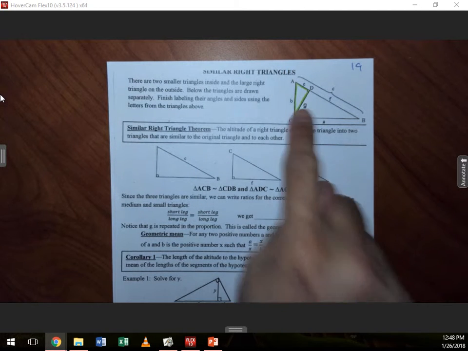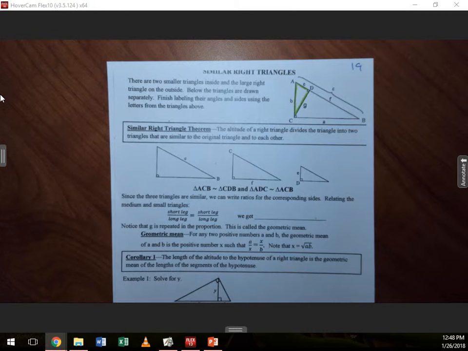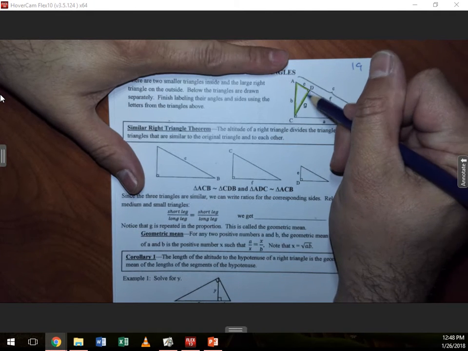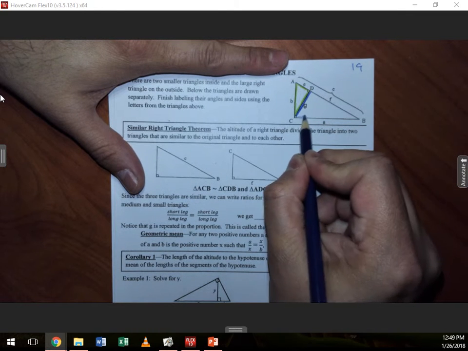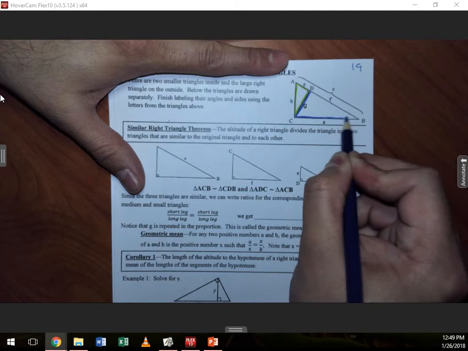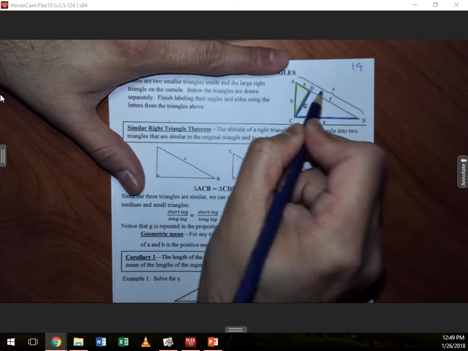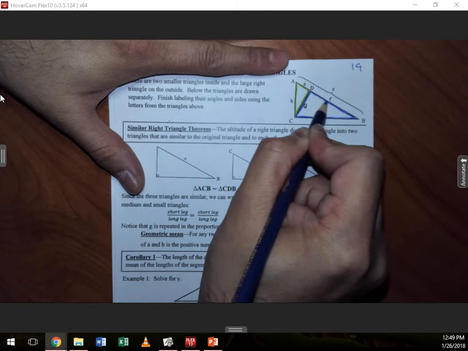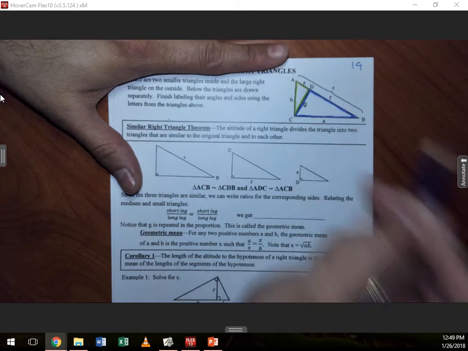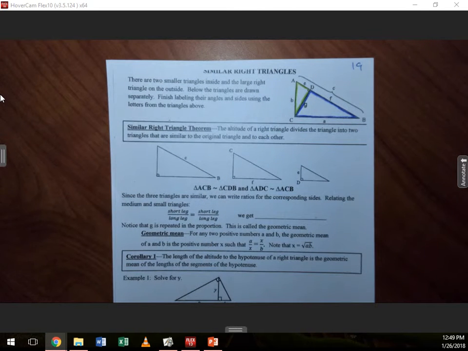That one, the small one, is going to be there. The next one is going to be the medium, also known as the grande. So we have this one right here. Okay, there we go.